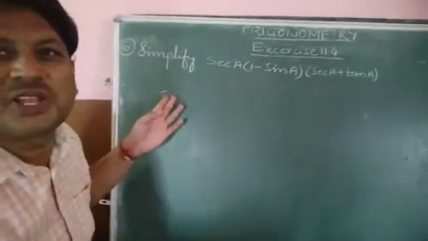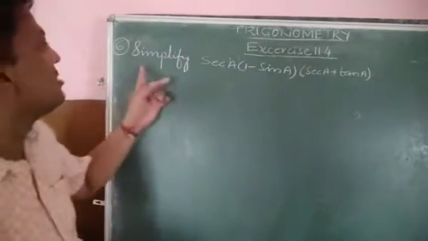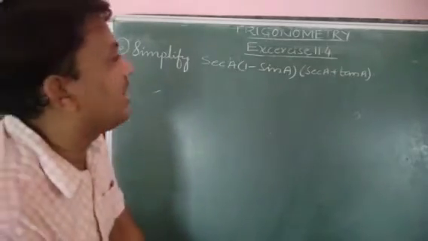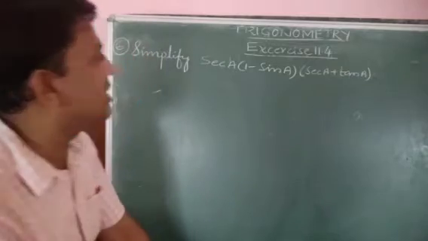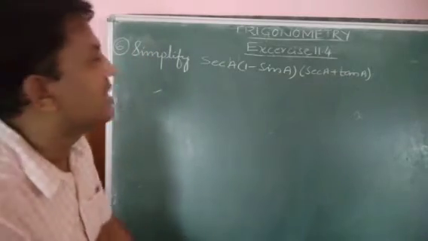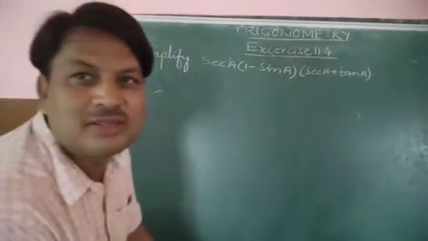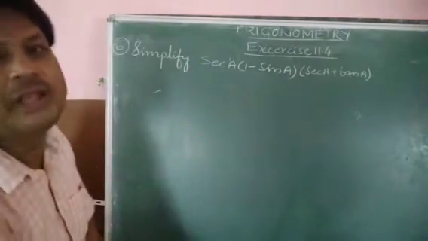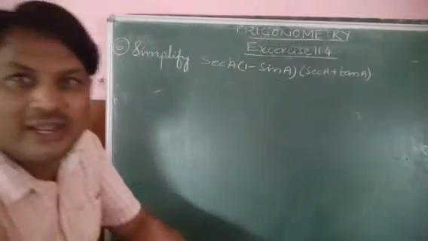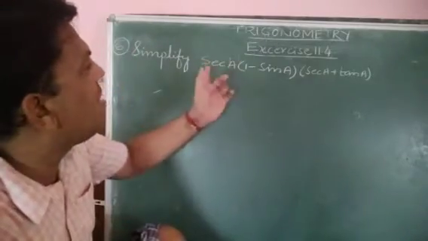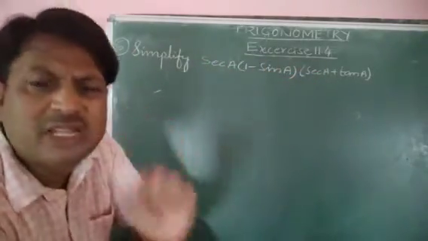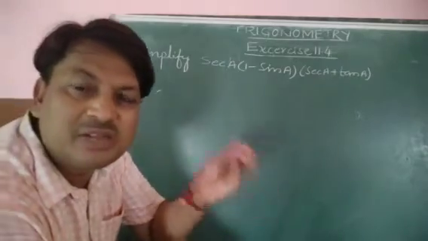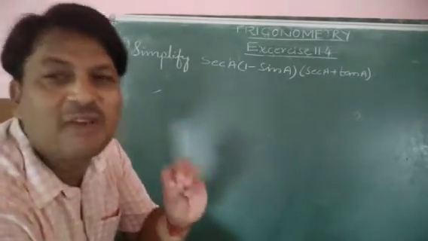Now children, this is question number 6. It is saying: simplify sec a into 1 minus sin a into sec a plus tan a. Simplify means you have to bring it down. Instead of having this many big terms, you get the minimum terms, or sometimes you get a numerical value only.